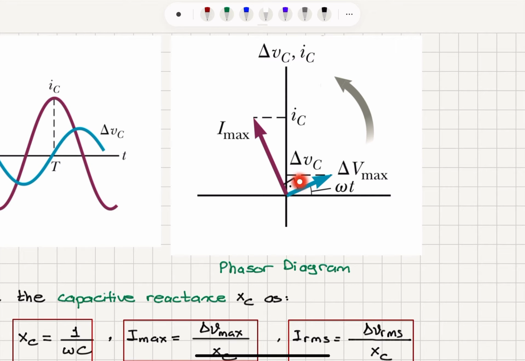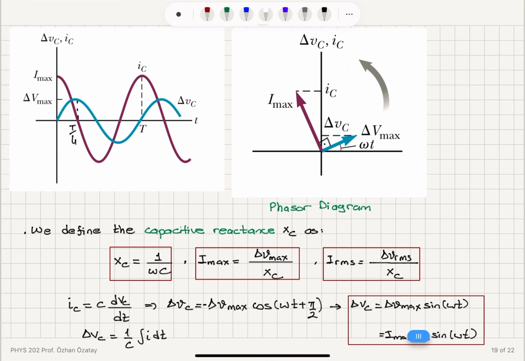I put another 90 degrees here, and my current phasor will have magnitude I max, so it's going to be I max sine omega t plus pi over 2. That's basically the projection onto the y-axis of this vector. So this is my phasor diagram for the capacitor.